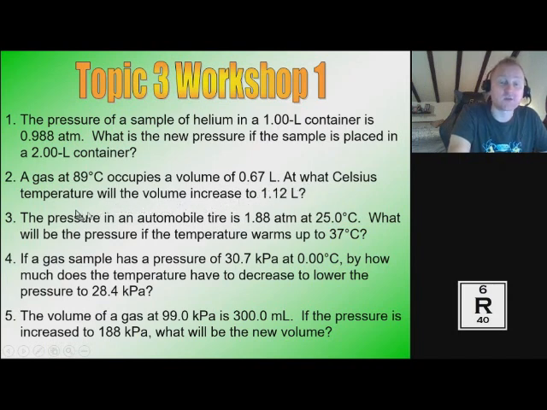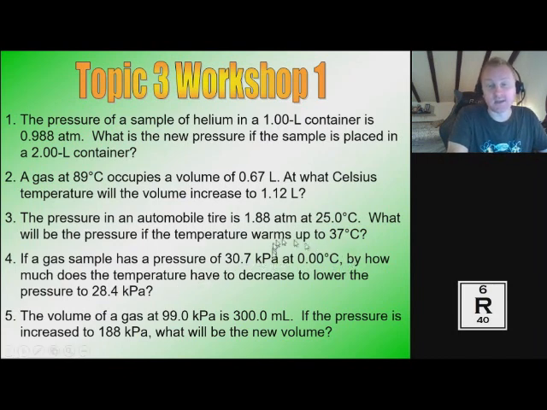Then you're going to have to subtract 273 from that answer so that you answer back in Celsius. In other words, if the question's saying something in Celsius, you answer back in Celsius. If it says something in Fahrenheit, you'd answer back in Fahrenheit. So don't answer in Kelvin, even though that is the scientist's temperature.